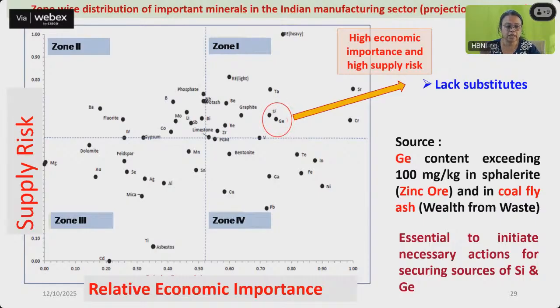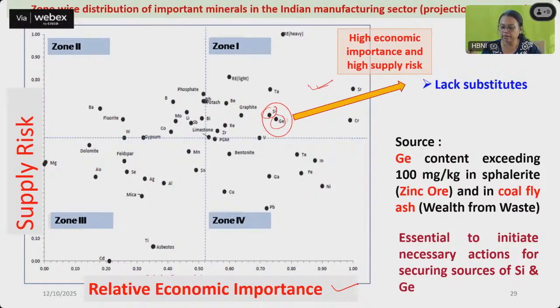They look at the relative economic importance of the material on the x-axis, and the supply risk, meaning are we getting them easily or not. Zone 1 has the highest economic importance and high supply risk, and in this we get both silicon and germanium.